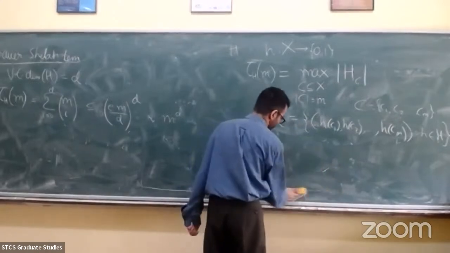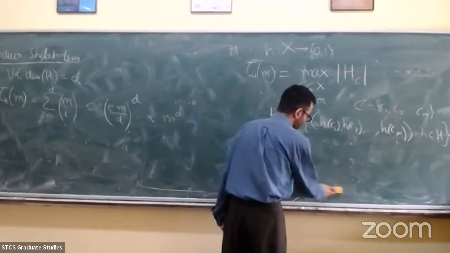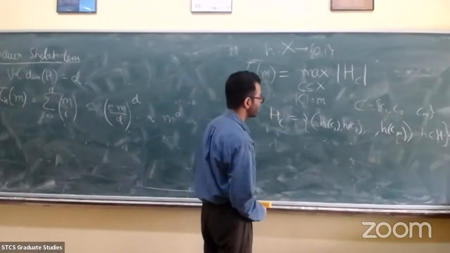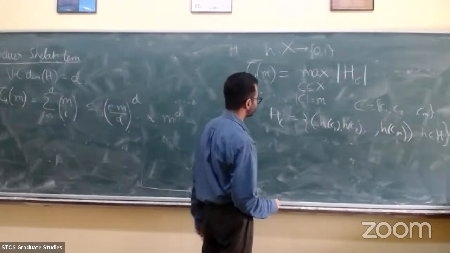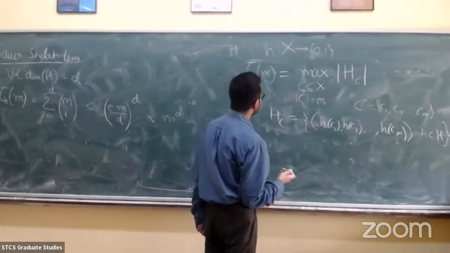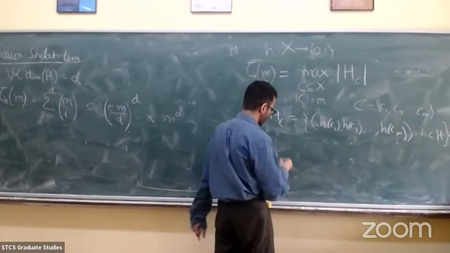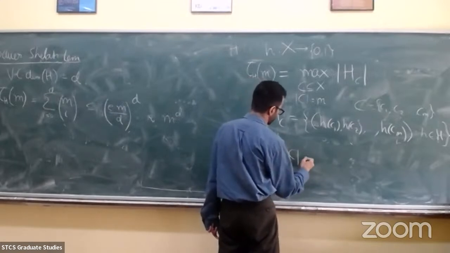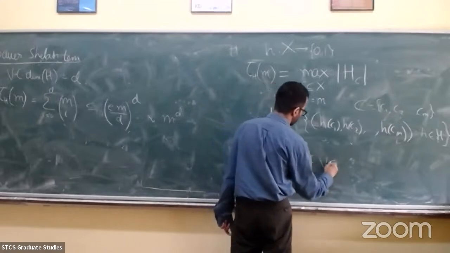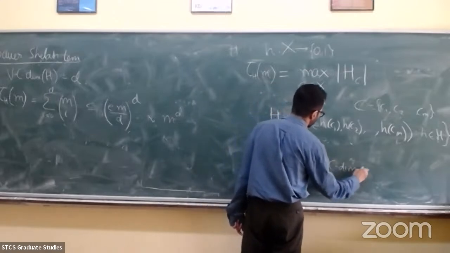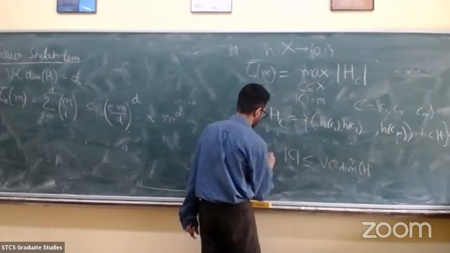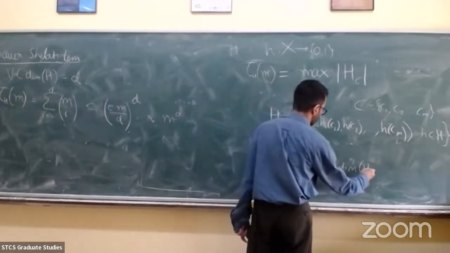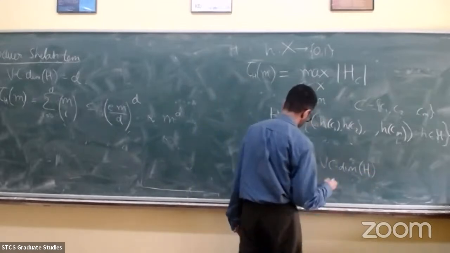Okay, quiz question. Maybe you have a quiz in the class actually. So let me ask a question. Suppose the size of C was smaller than or equal to the VC dimension of H. Okay, let's do the other one, that's easier.